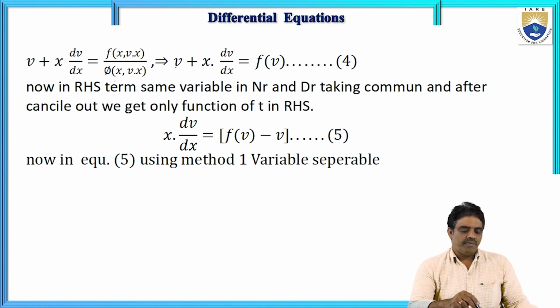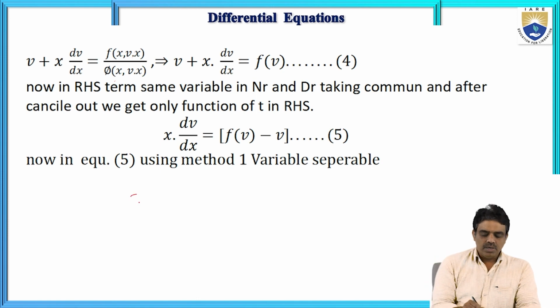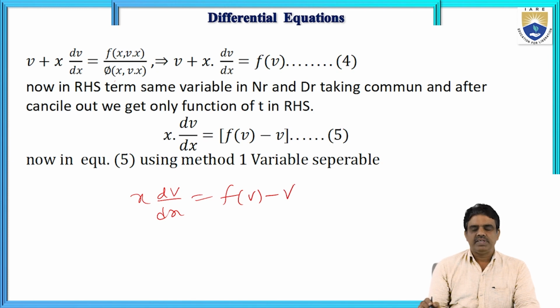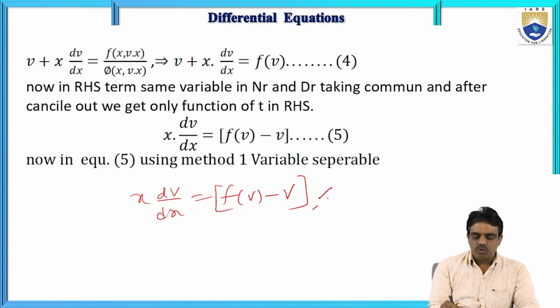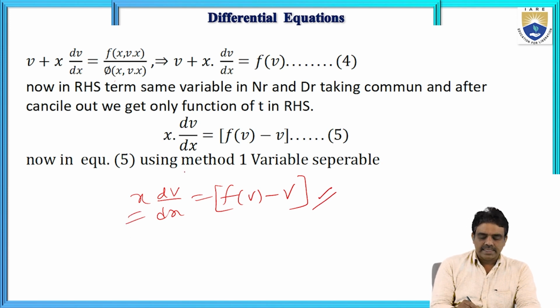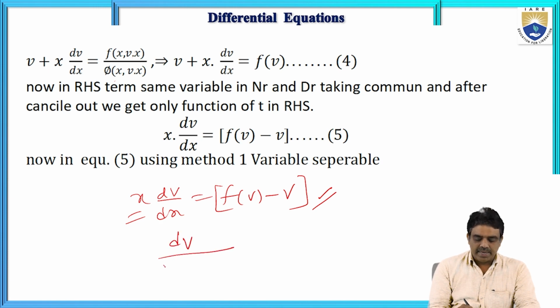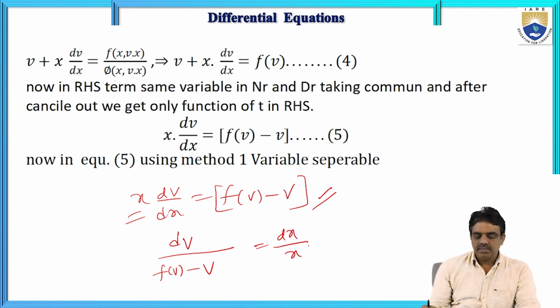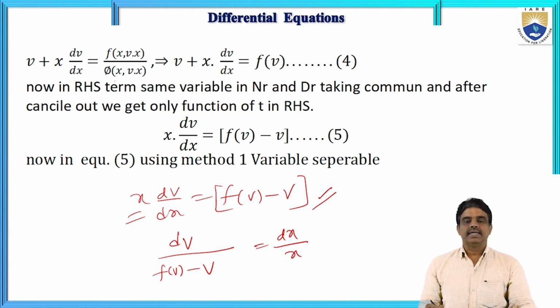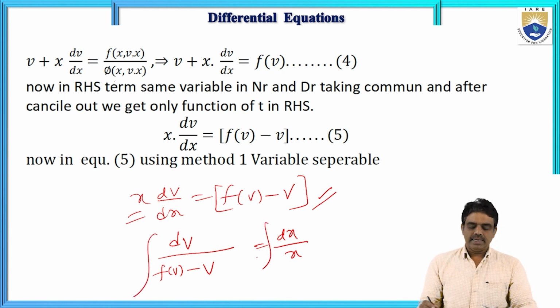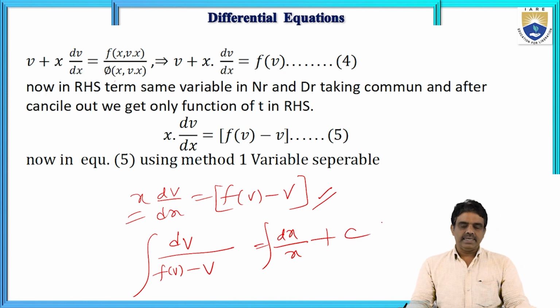Now take v to the right hand side: x into dv by dx is equal to function of v minus v. Now it is in variable separable form. The right hand side is a pure function of v and the left hand side is x into dv by dx. Now on separating the variables, dv by (f of v minus v) is equal to dx by x, with the v variables on the dv side and the x variables on the dx side. Now on integrating, you will get the required solution, where plus c is the integrating constant.